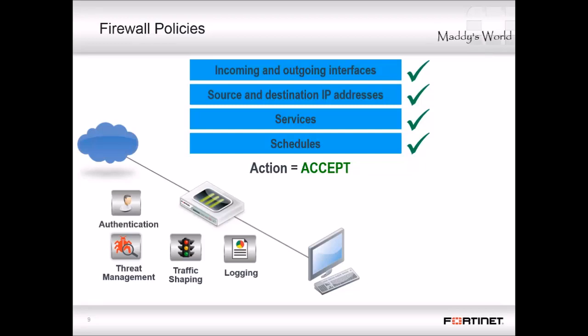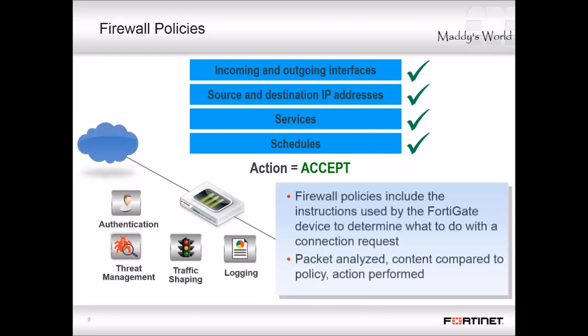Once a match is found, the rules on that policy are applied, such as authentication, UTM inspection, etc. The firewall policy sets up the rules for the traffic that passes through the FortiGate unit. Will it be AV scanned, NATed? All of these options can be enabled within the firewall policy.